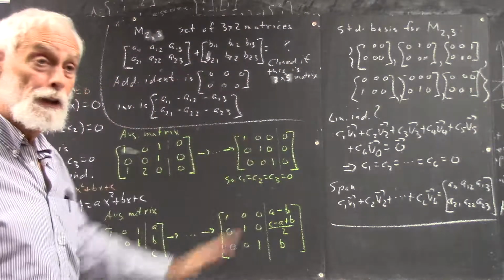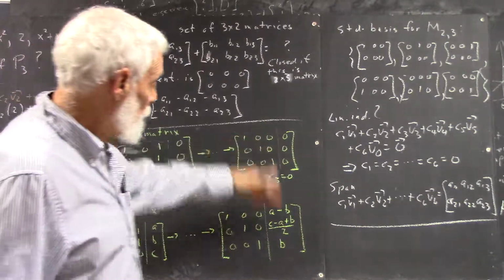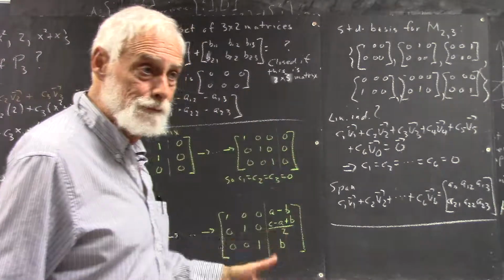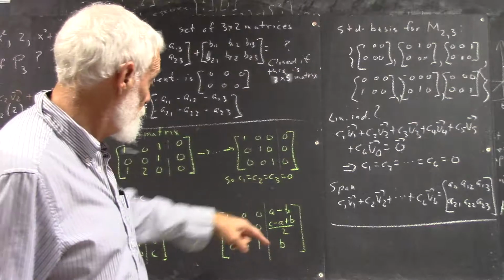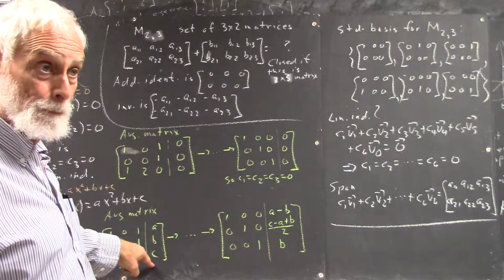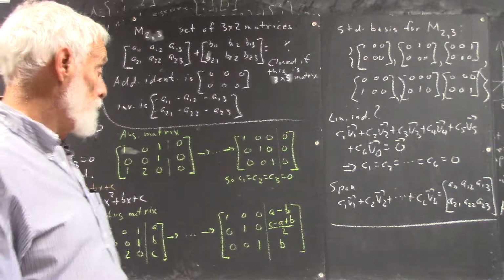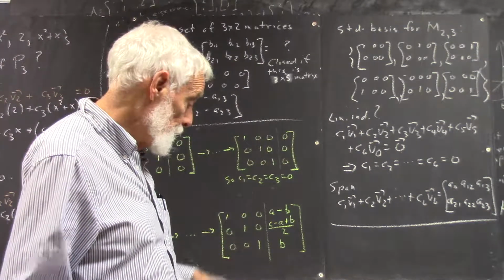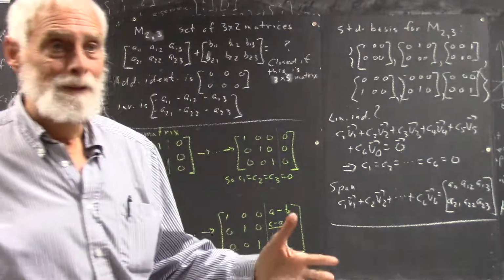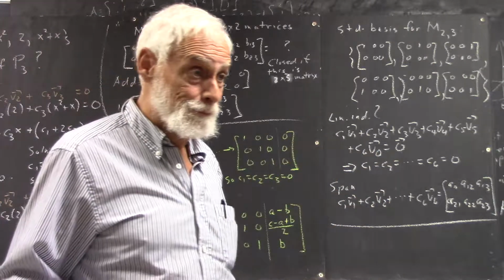And then the augmentation, either with the zeros or with whatever. Your A11, A12, and so forth would be here. Write it out, think about it. It should convince you that this is as much a vector space as R3 or R2.